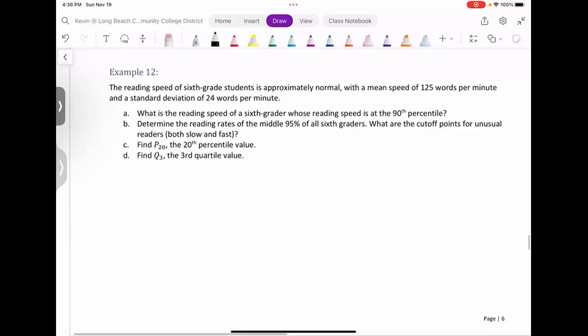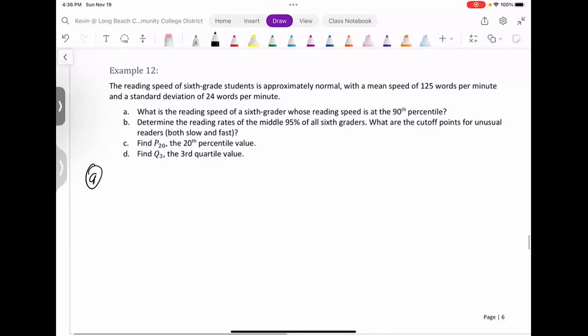Let's see what that looks like. So A. All right, our mean is 125, and this is words per minute.